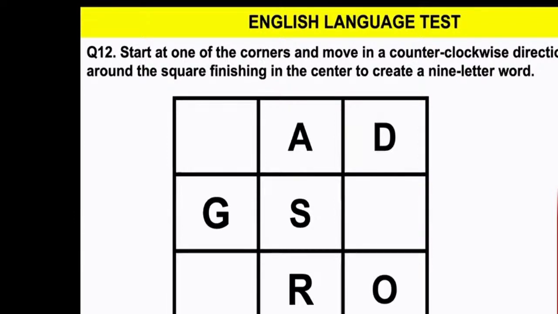I'm waiting for your answers, please, guys. Send the answers in the chat box. Start at one of the corners and move in a counterclockwise direction around the square, finishing in the center to create a 9-letter word.